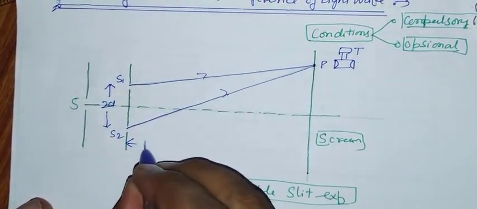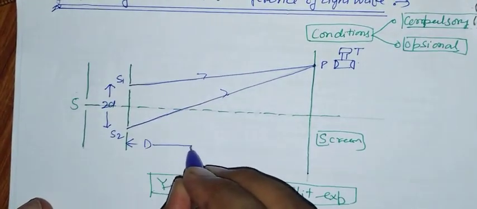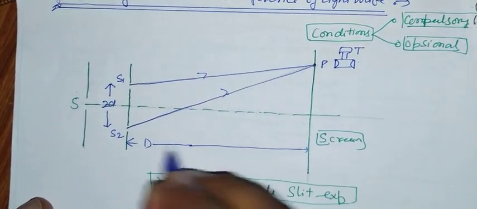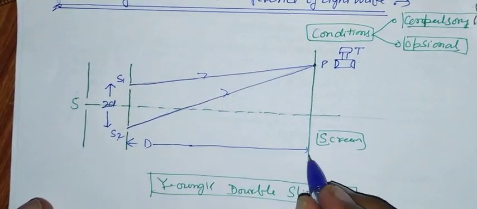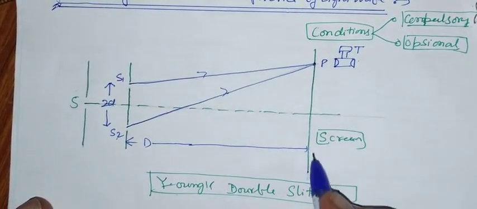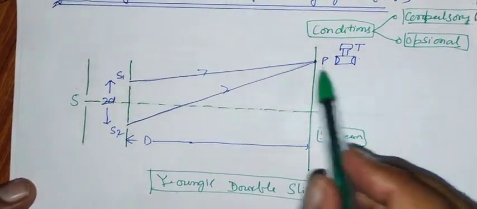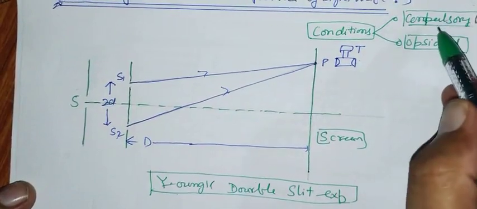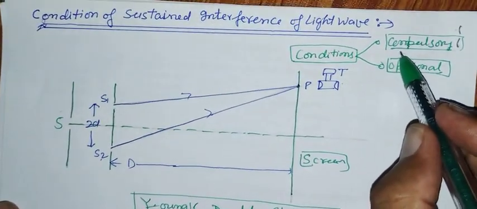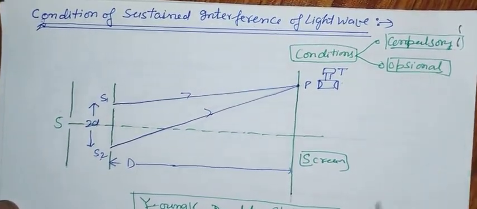Let capital D denote the distance between these two virtual sources and the screen in the case of Young's double slit experiment. So see by this diagram what the compulsory conditions and the optional conditions are.